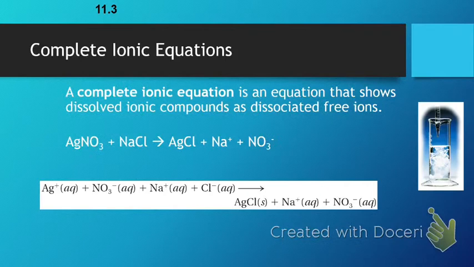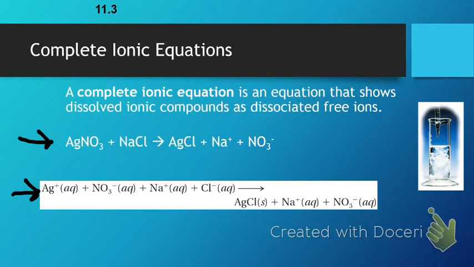So in the reaction, silver nitrate plus sodium chloride yields silver chloride plus sodium nitrate, which is written as a skeleton equation here. That same equation can be written as a complete ionic reaction in the white box below.